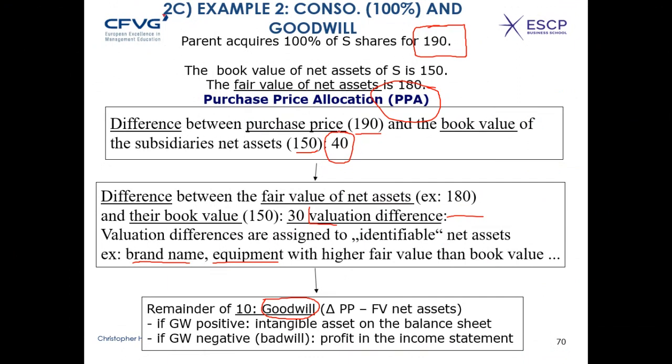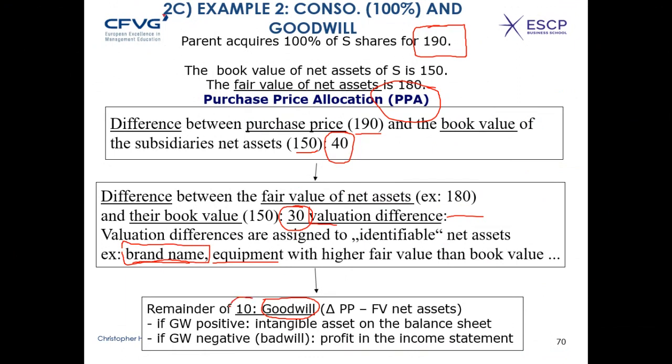So here in our example, we have a total difference of 40. Maybe we say, and I just give you that number, it's not based on anything that you can see in the slide, I tell you the valuation difference is 30. For example, that's the value we assign to the brand name that I bought. That means I have a total difference of 40. 30 can be explained by the brand name.